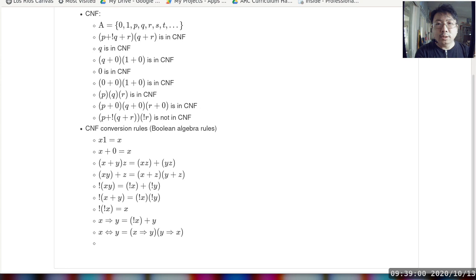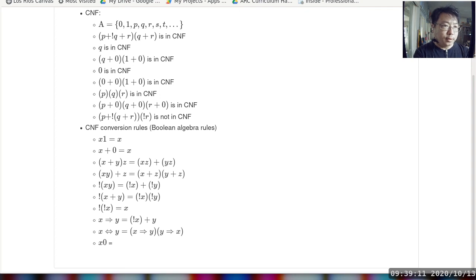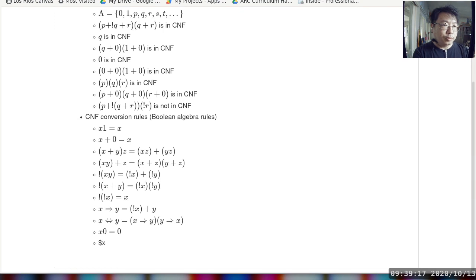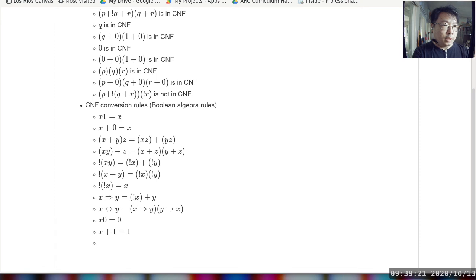Let's see, am I missing anything that is important? There's more simplification. Anything and false is false. And then anything or true is true. There's also the commutative law, which is x or y is the same as y or x.